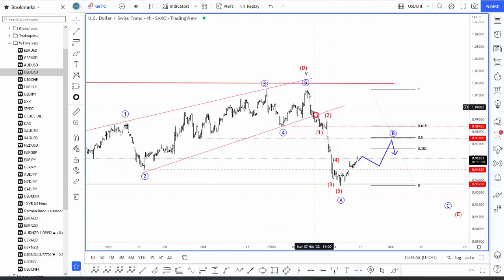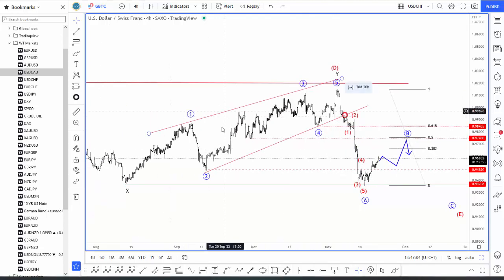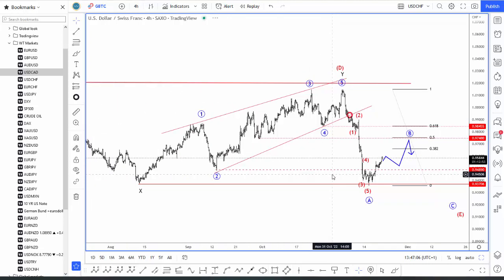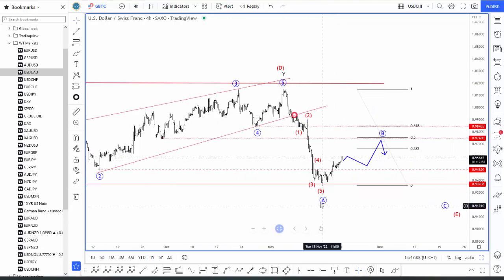But now you can see that the current drop is not slow like the previous rise with these overlaps, with this wedge shape. In fact, it's a very strong drop. It's a very clear impulsive wave. That's a 5-wave pattern. It's called an impulse, which shows the direction of the current trend. So where is the direction? Well, the direction is clearly to the downside for me, as long as the market is trading below that high here.